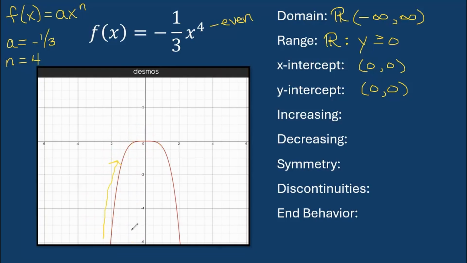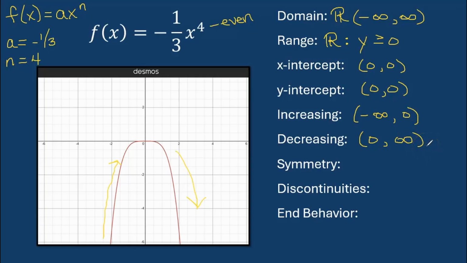It's increasing on an interval from negative infinity to 0. It does not include 0 because at 0, it's neither increasing or decreasing. After 0, it starts to go back down. So we're going to say it's decreasing on the interval from 0 to positive infinity.